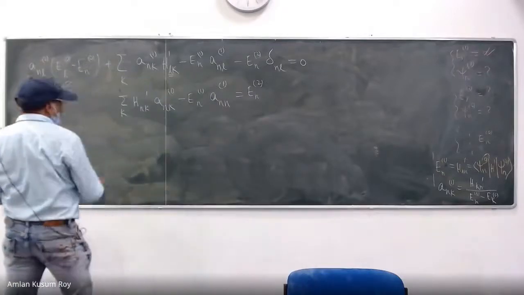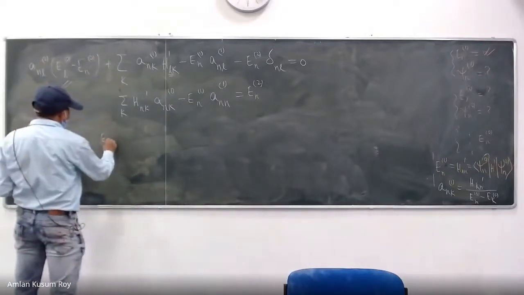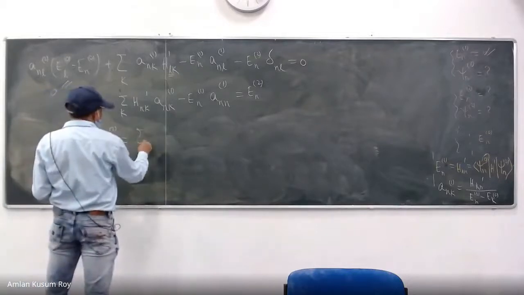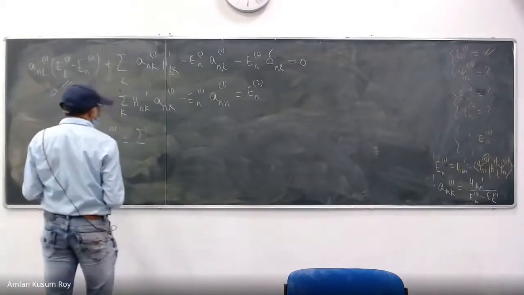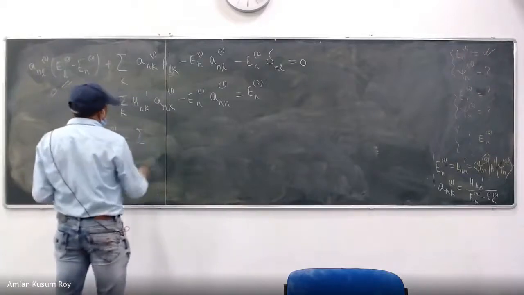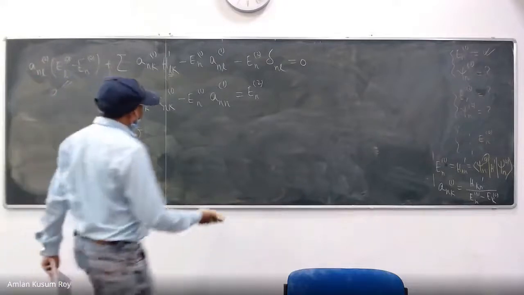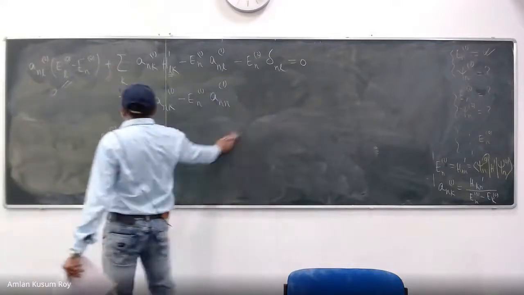So that means I can write E_N^2 is equal to summation K H'_NK A_NK^1 minus E_N^1, which I just wrote in the very beginning is H'_NN, times A_NN^1. I think it is better that we write E_N^2 to this side; that will solve the problem.